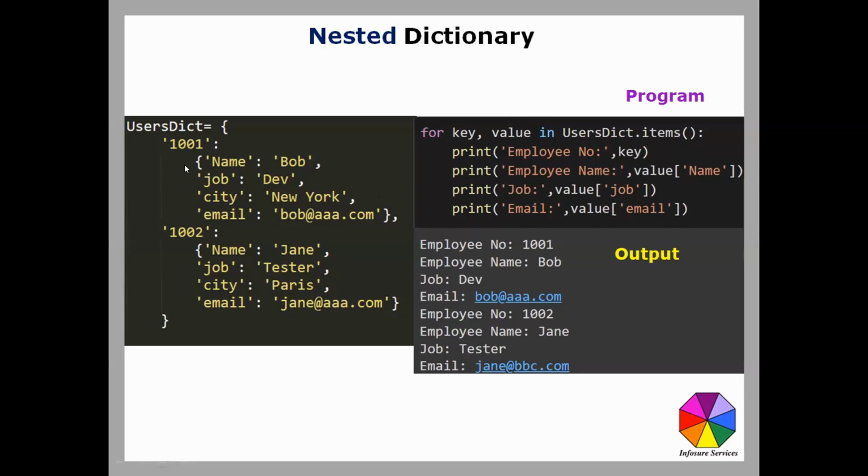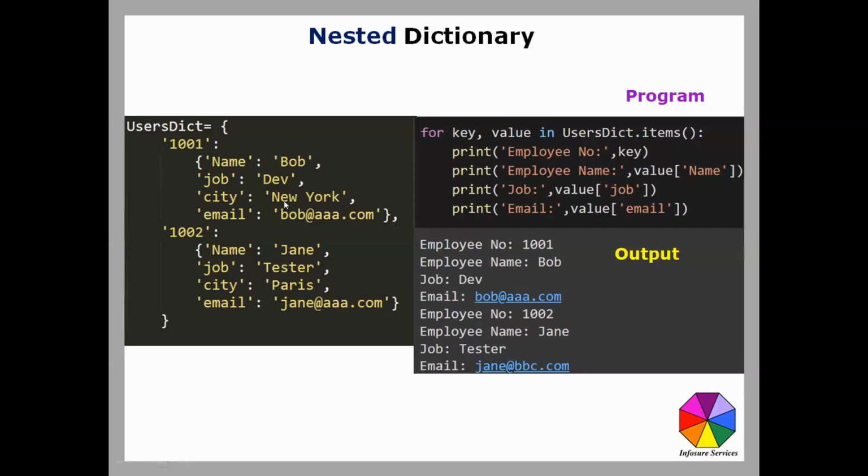So here I have one dictionary, but that dictionary is in the position of the value of my outer dictionary of users. Users have user number 1001, with the inner dictionary as the value after the colon, and a comma here.